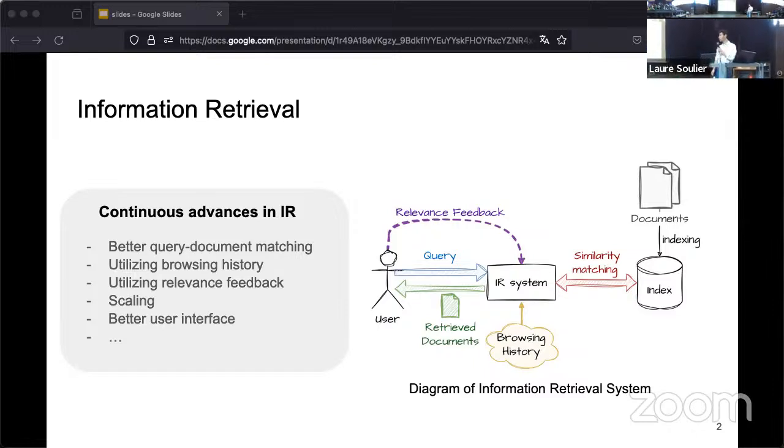And the information retrieval community has continuously improved the system by proposing better query-document matching algorithms, or by better utilizing browsing history, or by scaling these models to very large collections of documents. All these improvements were to improve the user experience by reducing the time, but also the cognitive load of the user.